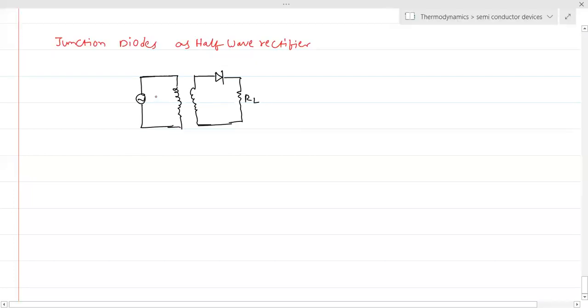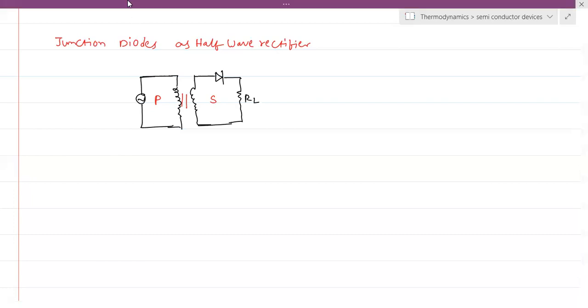Here P means primary and S means secondary. These two parallel lines represent that the secondary coil is under the influence of the primary coil, so we have great mutual induction, and the transformer works fine.